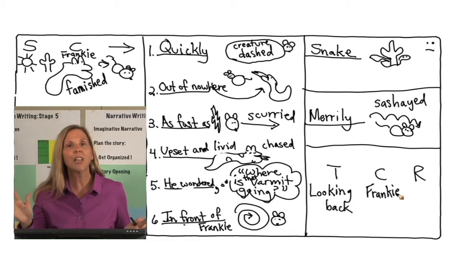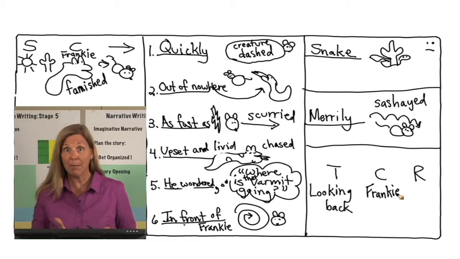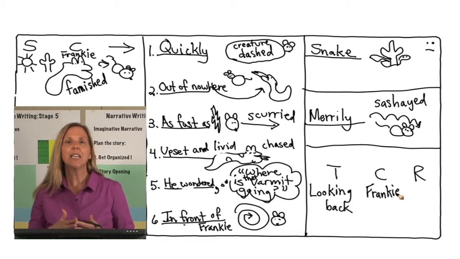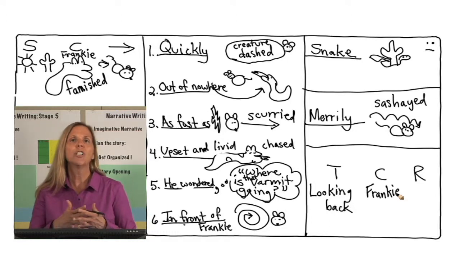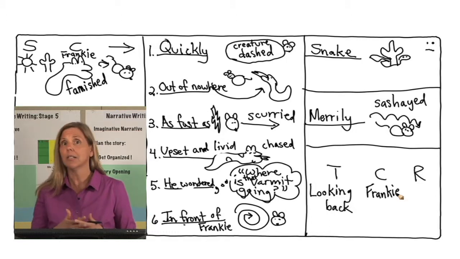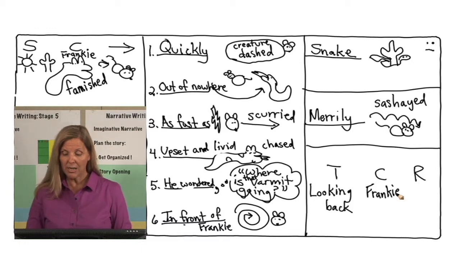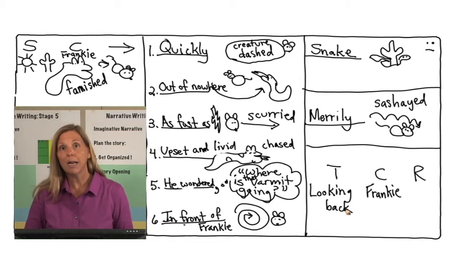Frankie's going to reflect on what just happened to him. What had happened? Looking back, Frankie, is he looking back and wishing something, learning something, or did he feel something, discover? What word could I use? Looking back, Frankie wished he was more clever. Looking back, Frankie learned not to be fooled by a mouse.